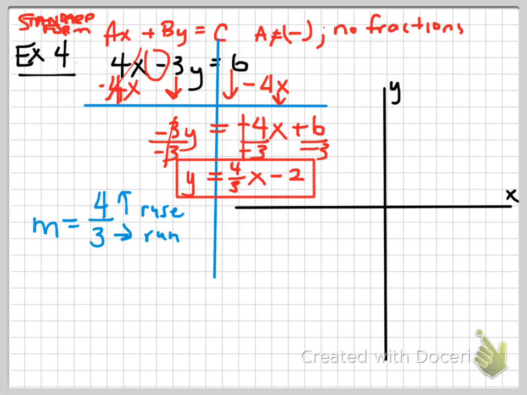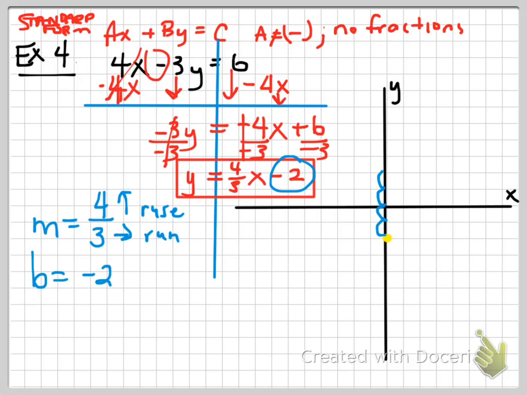Okay. And then finally, our y-intercept is the number at the end. Again, don't forget that negative sign. So our y-intercept is -2. All right, so let's start by graphing that -2. So go to -2 on the y-axis, plot the point. Now we need to do our rise of 4. So 1, 2, 3, 4.